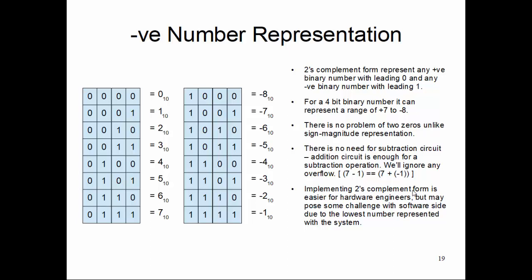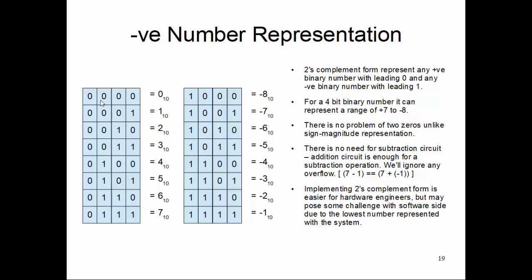So what it says is this: any positive binary number has leading 0s. If some bit pattern has leading zeros, it's not only in the last position; this one has all leading 0s, this one has 3 leading zeros, this one has 2 leading zeros, and this one has 1 leading 0.